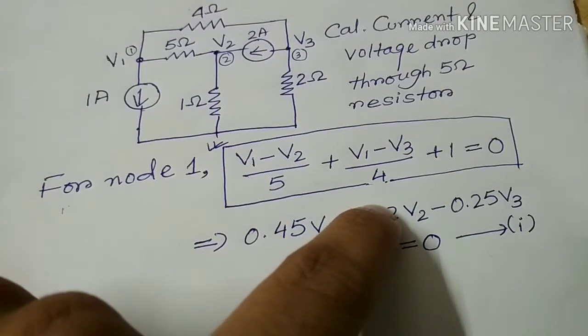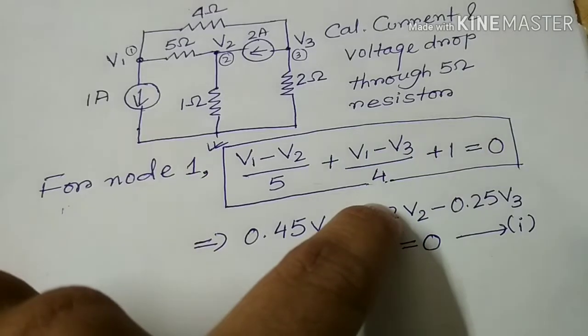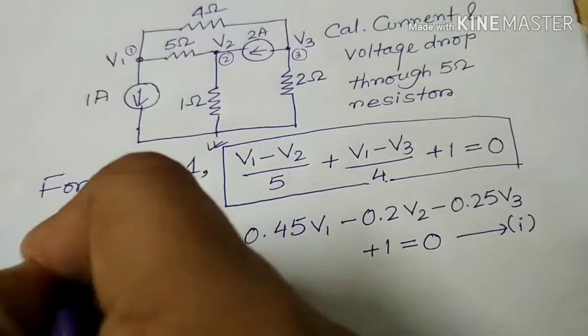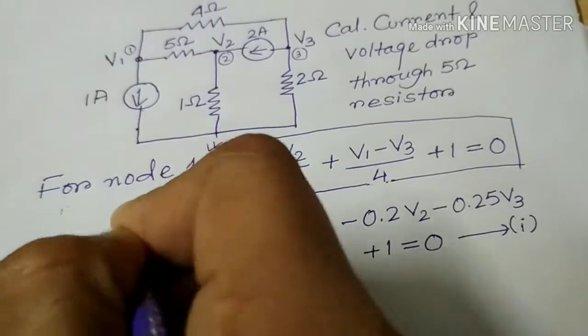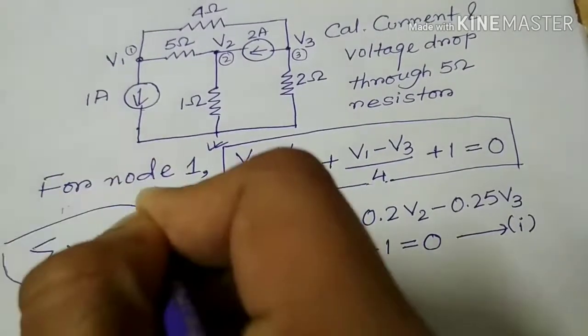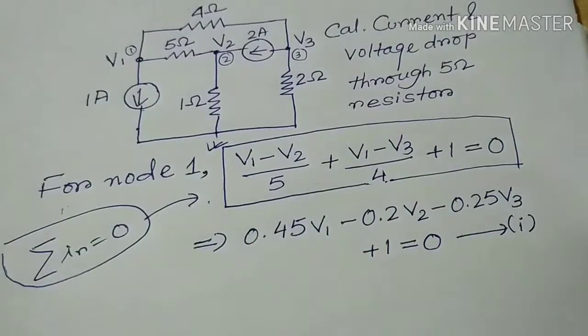As we see, in KCL the sigma of I equals 0, so we apply this in the equation. In this way we calculate the equations for node 2 and node 3.